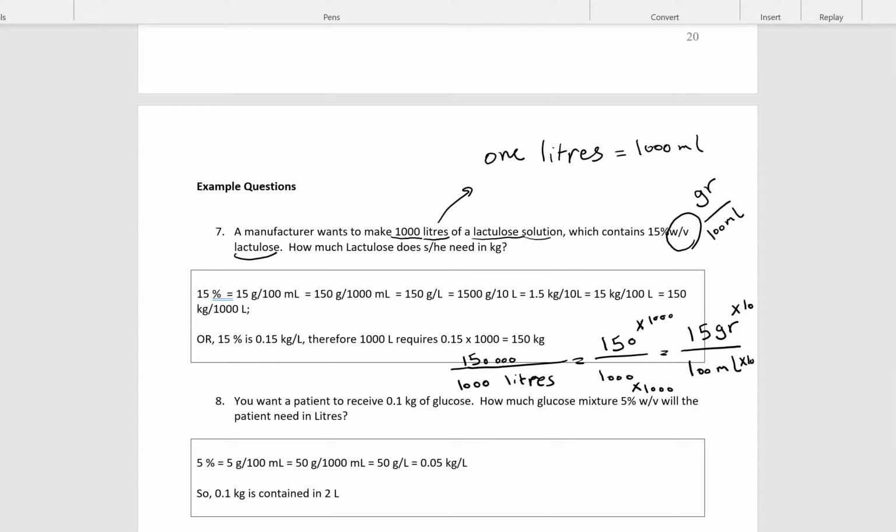So how much lactulose do we need in kilogram? So we need this amount in grams.